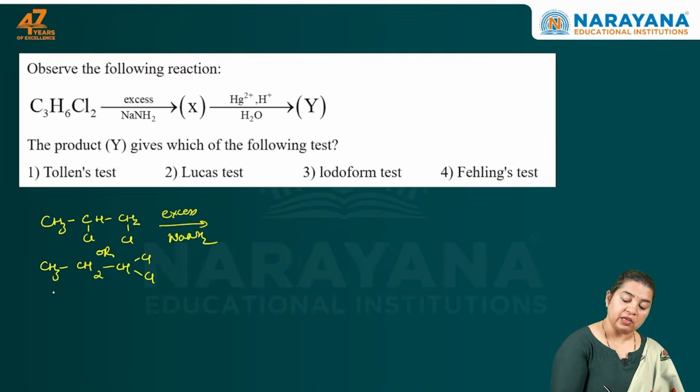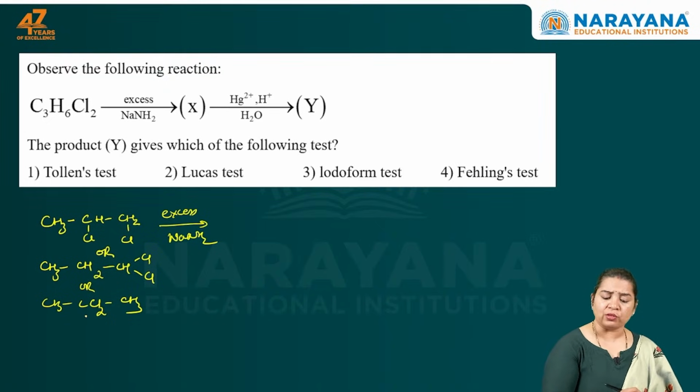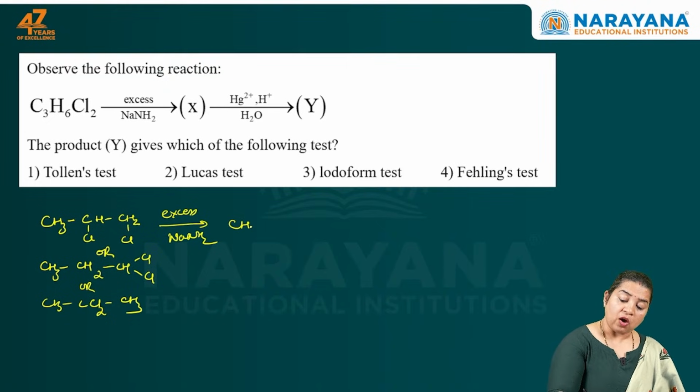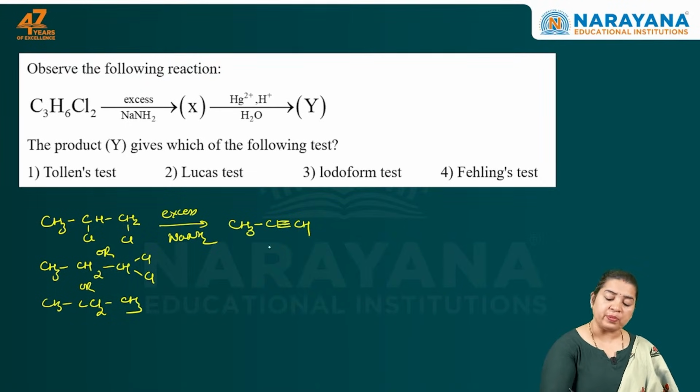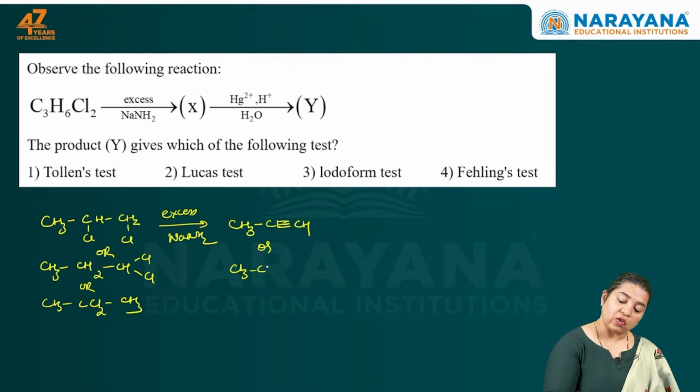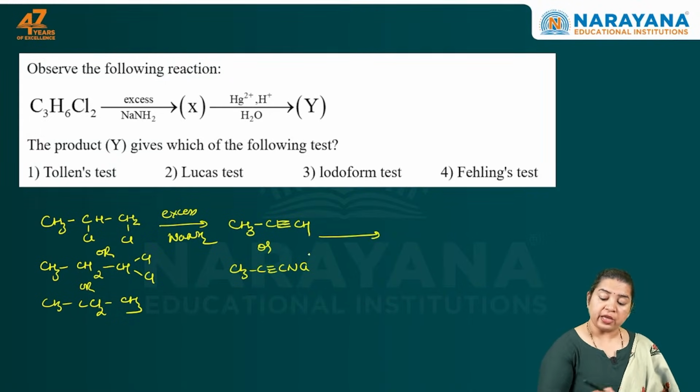Even if you take CCl2CH3, in all of these cases, they will ultimately lead to the alkyne, propyne, CH3 C triple bond CH. Or you take CH3 C triple bond CNa, the sodium salt, whose acidic H reacts with this. Now, with Hg2 plus and H plus under acidic conditions, you will have propyne hydrated.